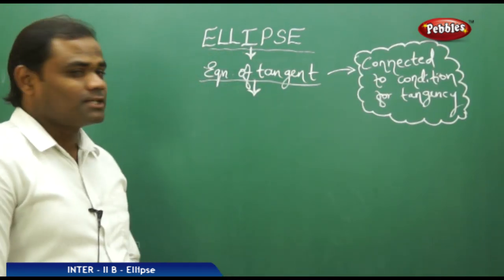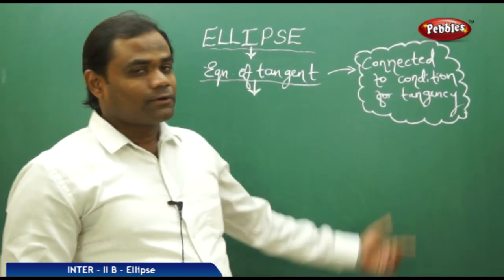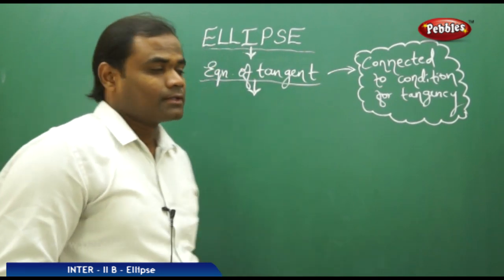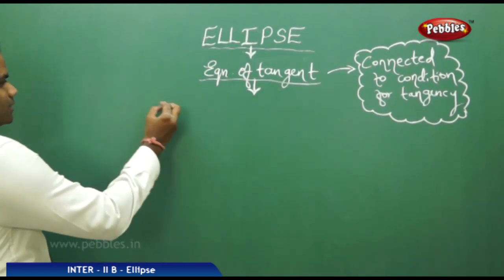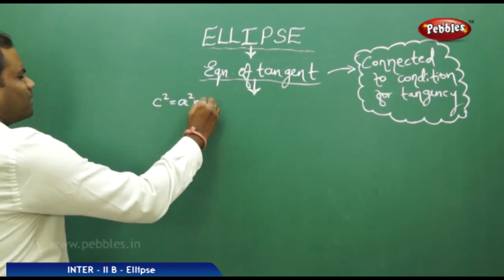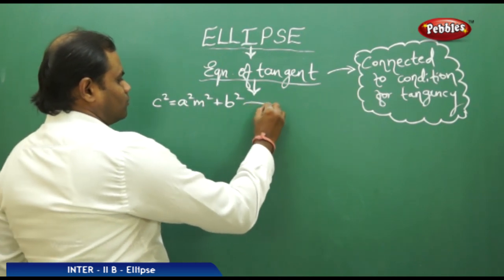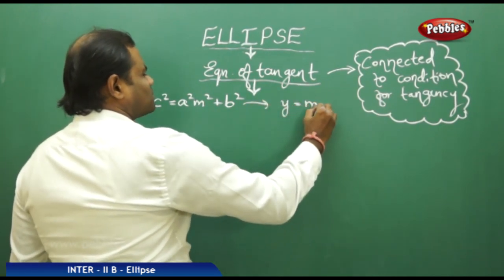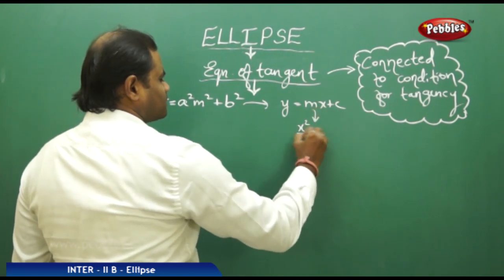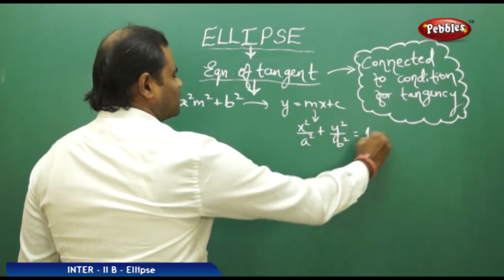Now as we have discussed the condition for tangency, let's recap the condition for tangency connected with the equation of tangent to the ellipse. We have the condition c squared equals a squared m squared plus b squared for the line y equal to mx plus c to be a tangent to the ellipse x squared by a squared plus y squared by b squared equal to 1.